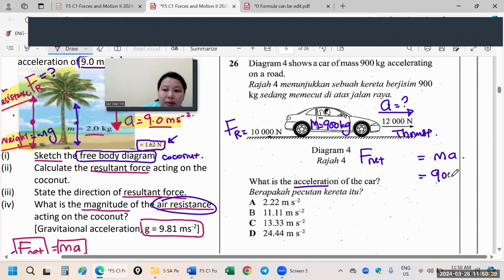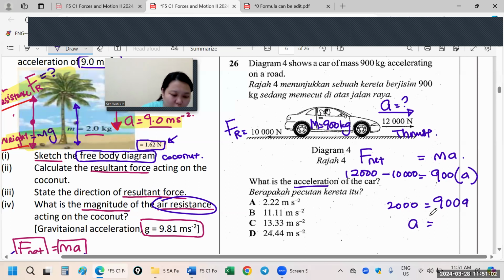M is 900, A we don't know, leave it as A. Net force should be front minus back, so it's thrust minus friction. So we will get 2000 minus 908 equals to 900 A. So A equals to 2.22222222.